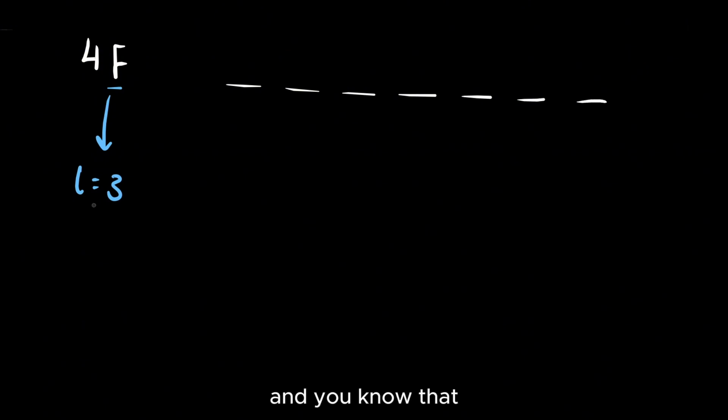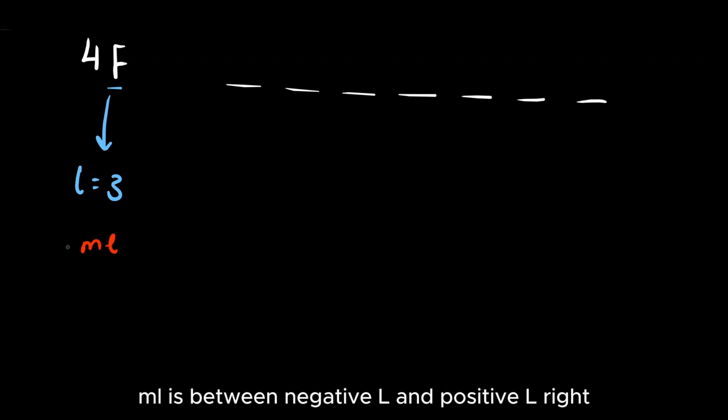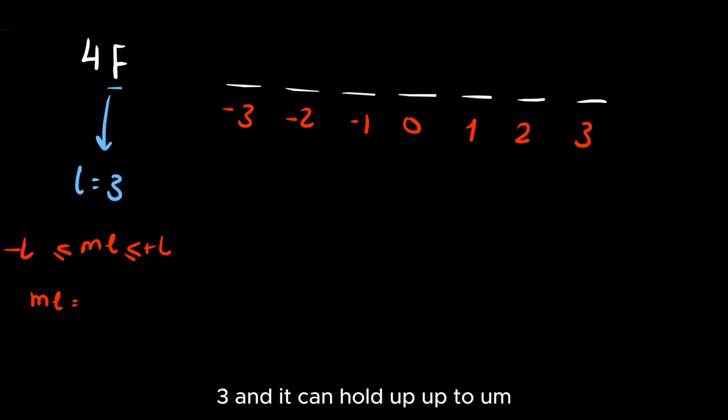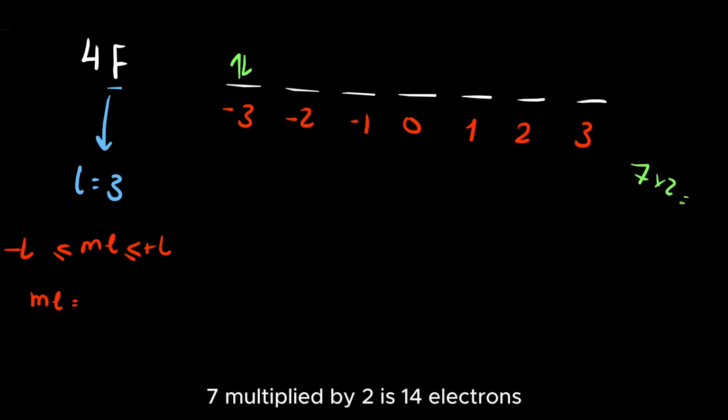And you know that ML is between -L and +L, right? So ML can be -3, -2, -1, 0, 1, 2, 3. And it can hold up to 7 multiplied by 2, which is 14 electrons.